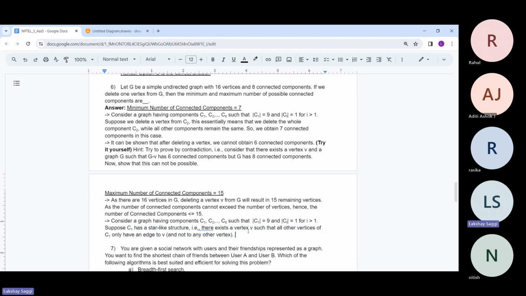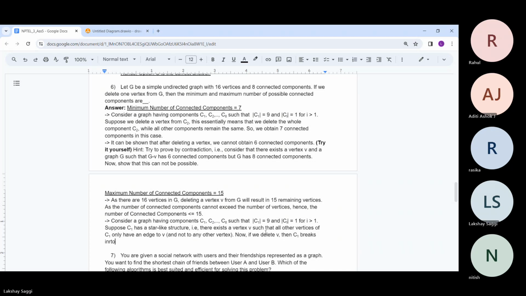So what this essentially means is that now if we delete V, then C1 breaks into actually eight connected components.